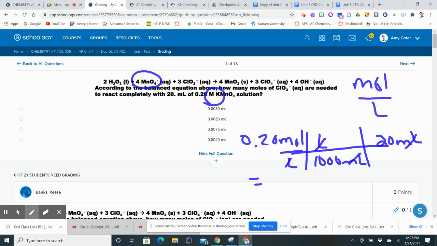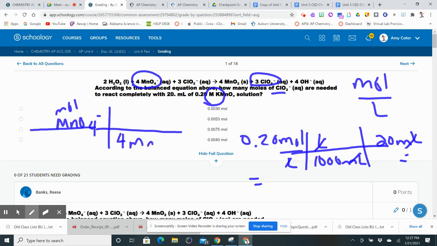We want to know how many moles of ClO2 are needed. So we would then take that and set up a unit multiplier based on the balanced chemical equation. So you would take your answer from this and put it over here. So this is going to be moles of MnO4. And according to my balanced chemical equation, 4 moles of MnO4 reacts with 3 moles of ClO4, or ClO2, sorry. And then I can get the correct moles of ClO2.